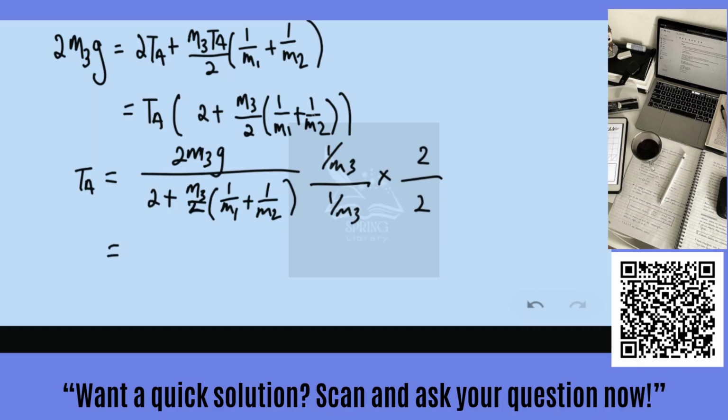So this will help us to make the expression a bit simpler. This will be 4 over 3, this will be 1 over m1 and 1 over m2. So this is our final expression for our TA.